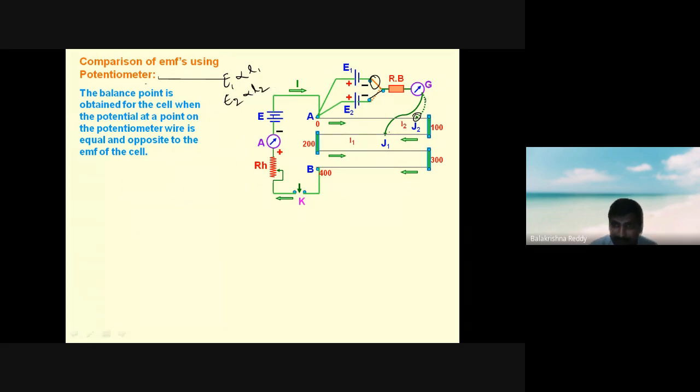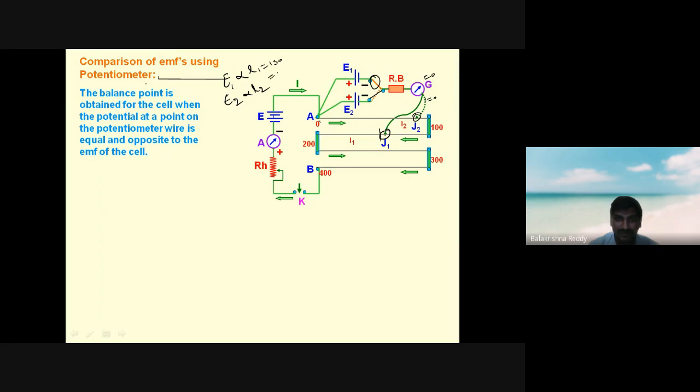At this point the null point will be zero, and for this one also the null point is zero. Only when the null point comes at zero in both cases do we take that as the length. For example, L1 has come at the position of 150, but the L2 length has come at 80, like that.